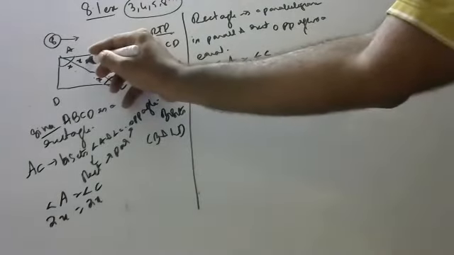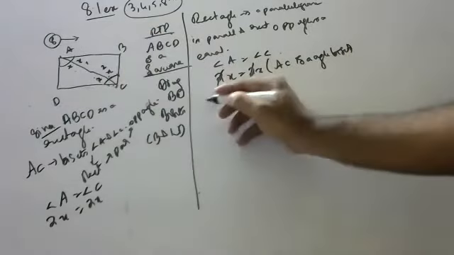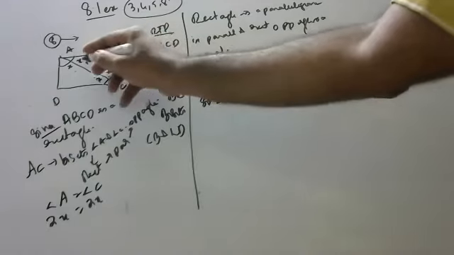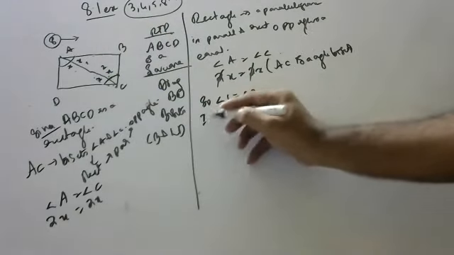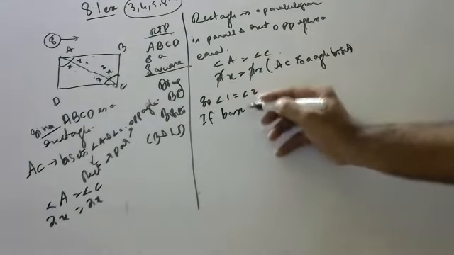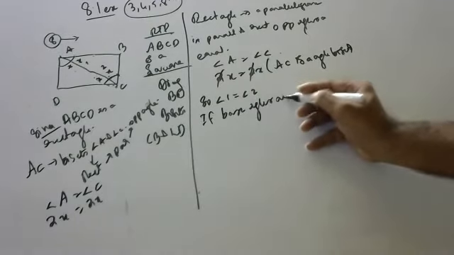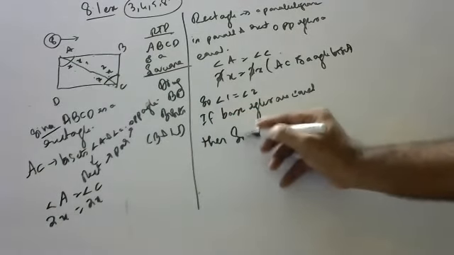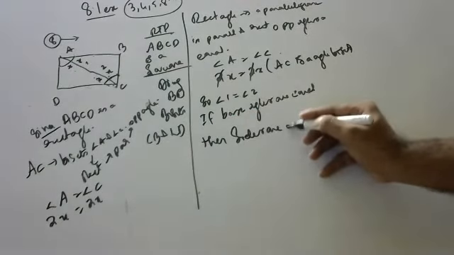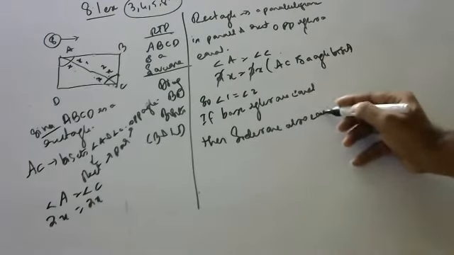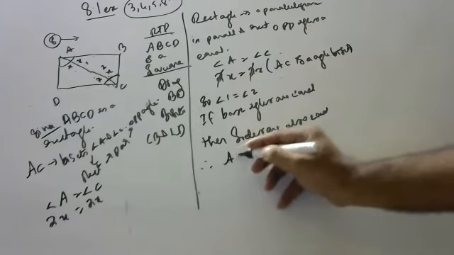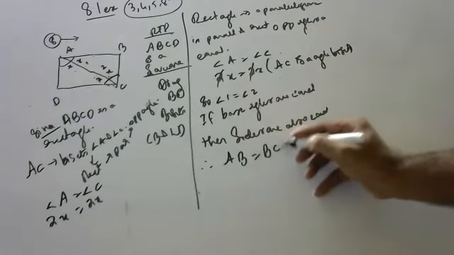So imagine this is 1, this is 2. So angle 1 is equal to angle 2. Here I am showing angle 1 is equal to angle 2. If base angles are equal, then sides are also equal. Children, base angles are equal, sides are also equal. Therefore, AB is equal to BC.